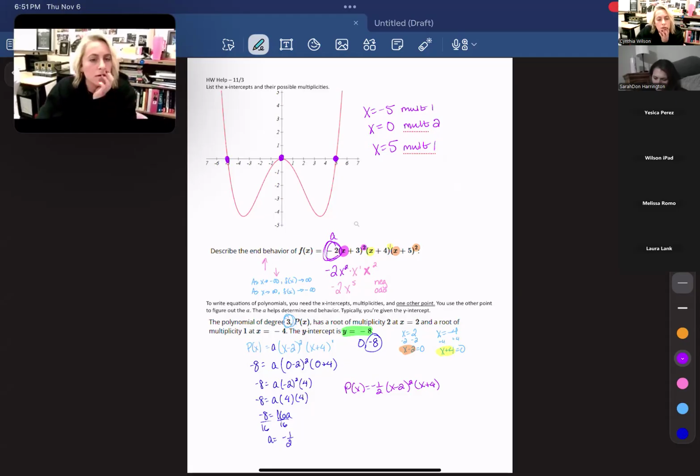Sorry, I'm looking. So example 3. Oh, I see. Okay. Boy, I don't know why they wouldn't have. No, that should be a turning point because it switches from increasing to decreasing there. So that should be a turning point.